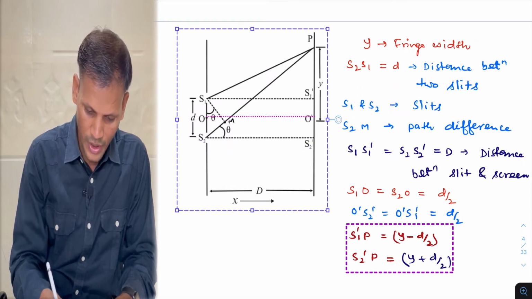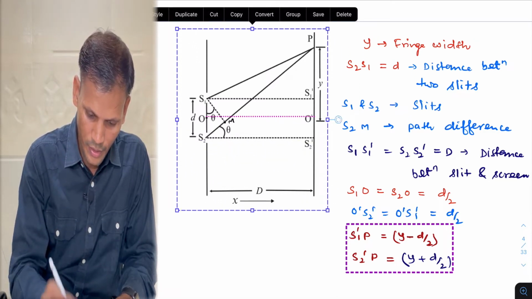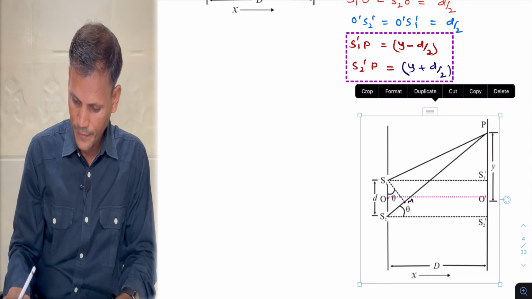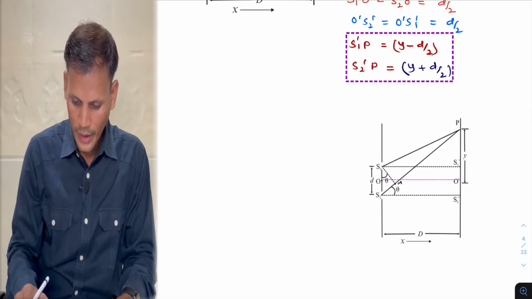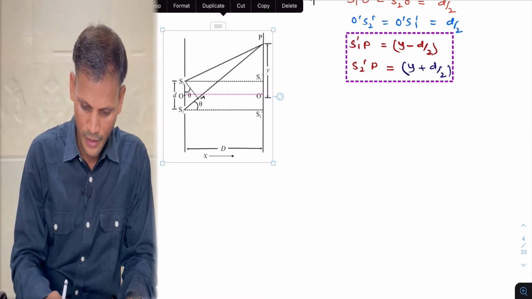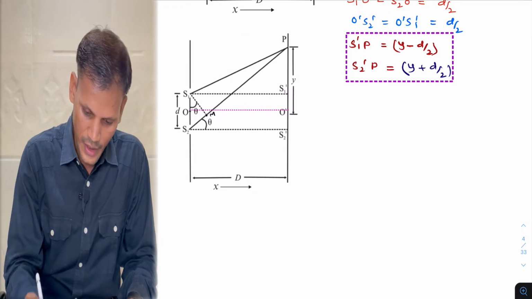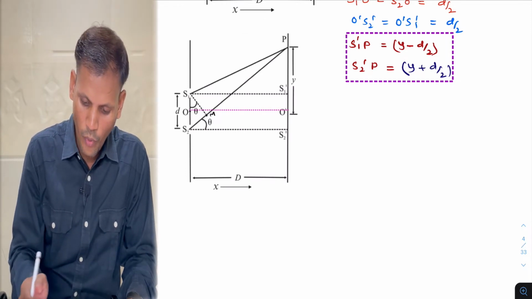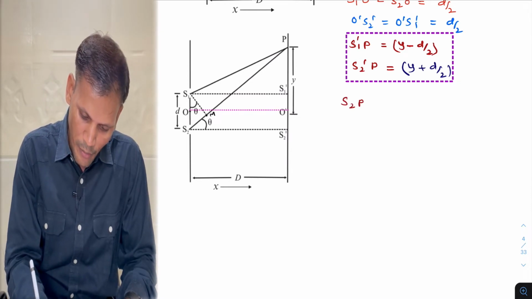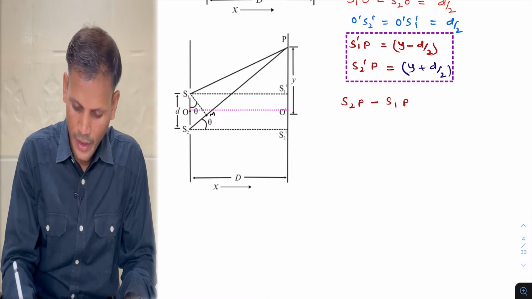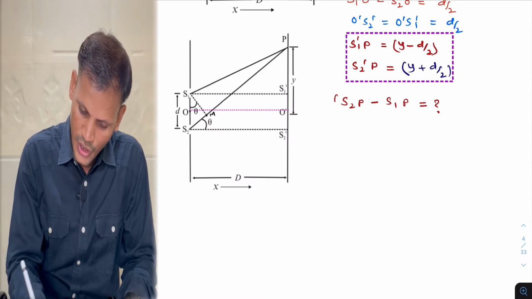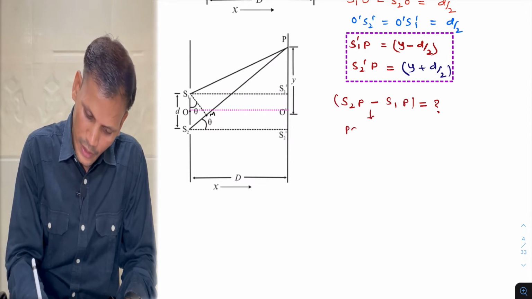So I will copy the diagram because the diagram must be clear to us here. Now from this diagram, what is to be calculated? We have to find out S2p minus S1p, and this term is the path difference.